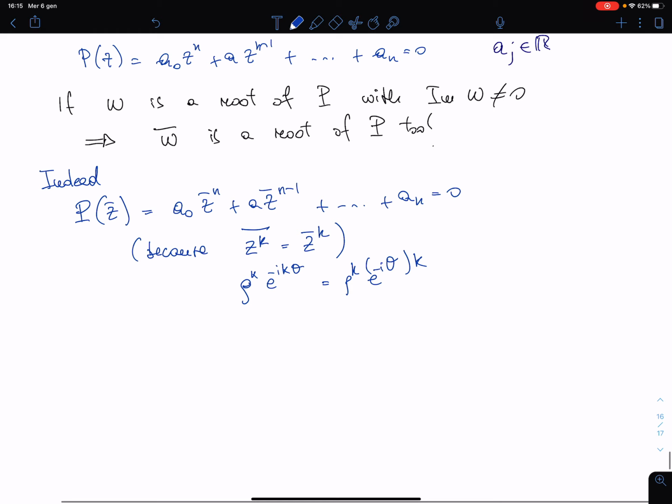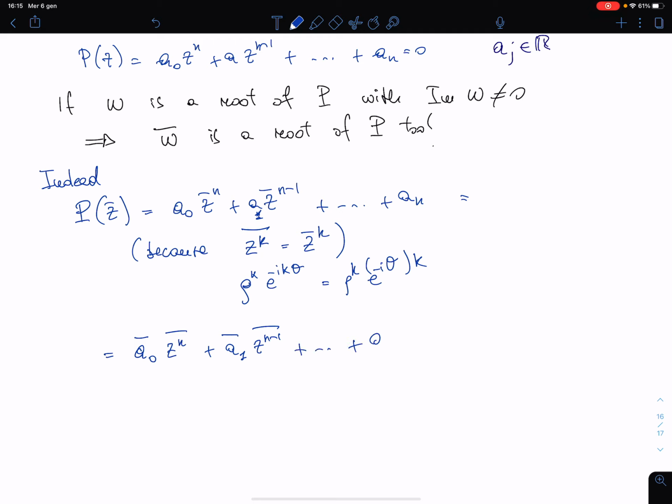Okay, this is a very easy computation if you use the exponential notation, and then you go forward. P of zeta bar is equal to that, and then you can also write A0 as A0 bar because it's real, so it is equal to its conjugate, times zeta to the n bar, plus A1 bar, zeta to the n minus 1 bar, plus an bar.